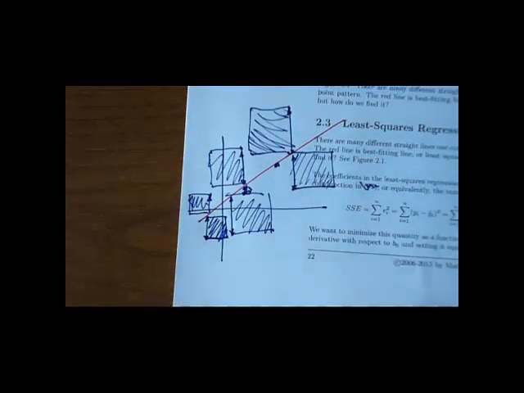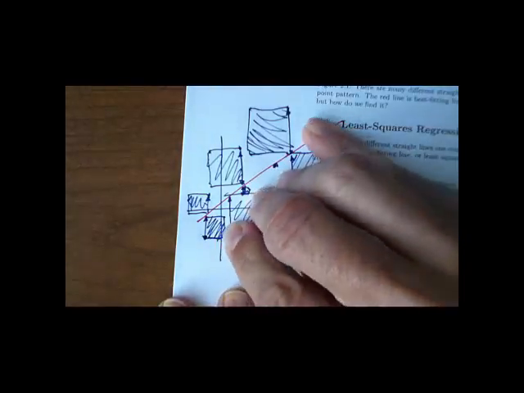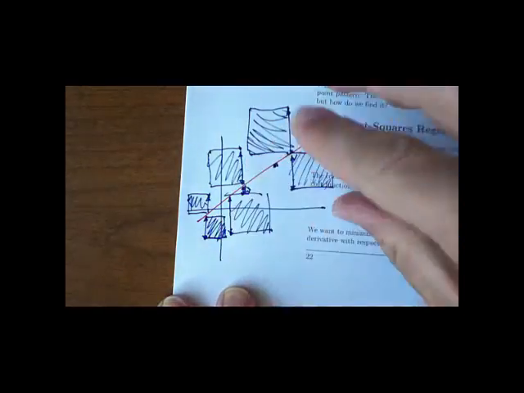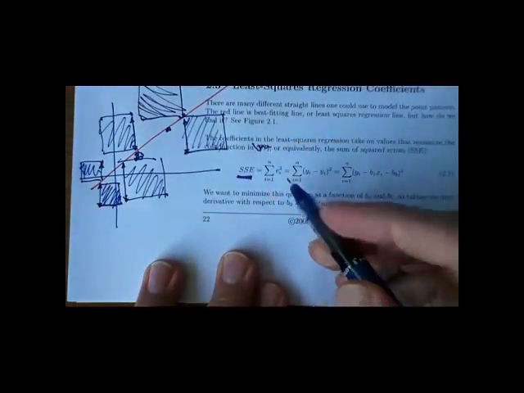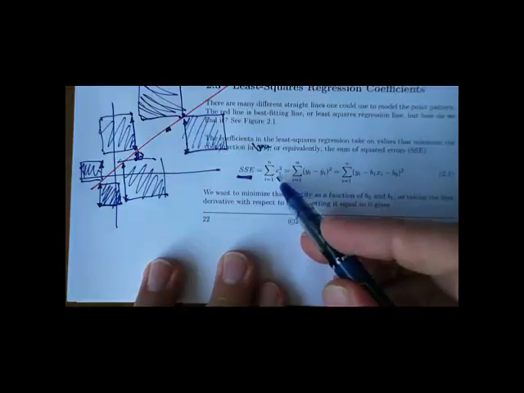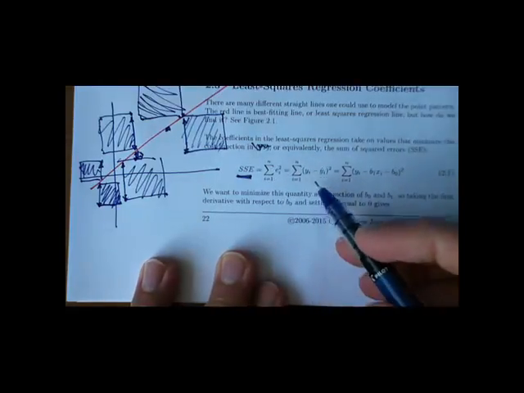You can imagine that if I move this line far away, I would get some really big squares. But if I get this line really close in there, the total area of the squares gets small. So I can write this sum of squared errors like this, where i runs from 1 to n, the total number of data points.